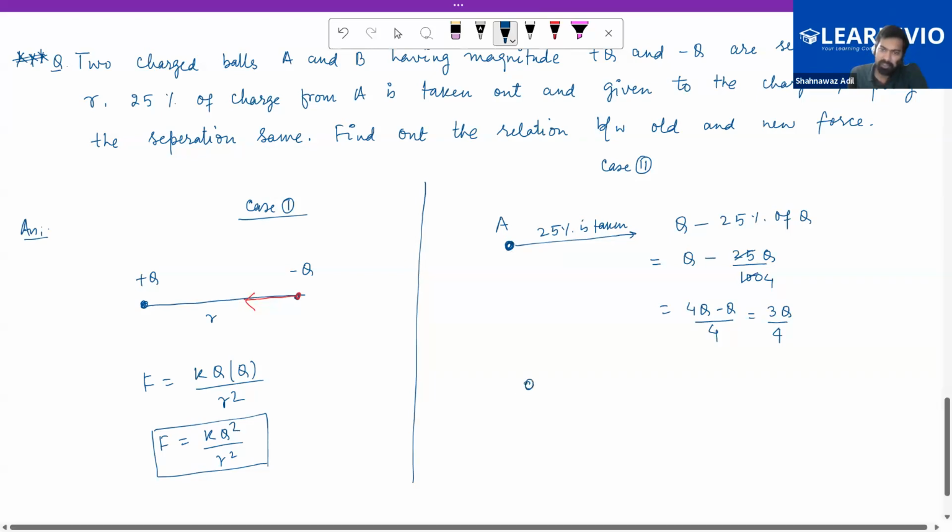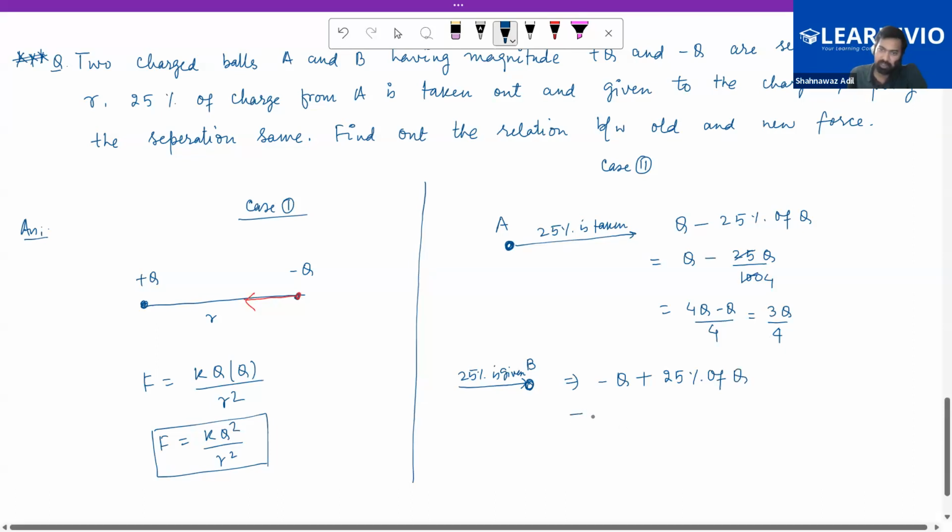This is the charge which remained in this charged ball P. Now in the B charge, 25% is given. So this would be how much? This would be minus Q plus 25% of, again, not minus Q, but this charge, because this is the charge which is given.